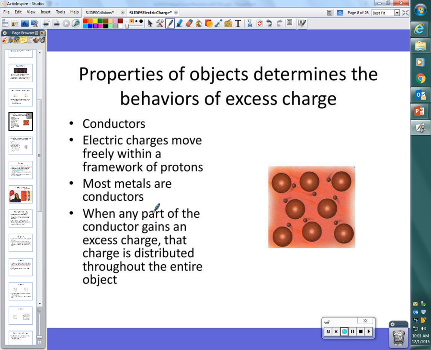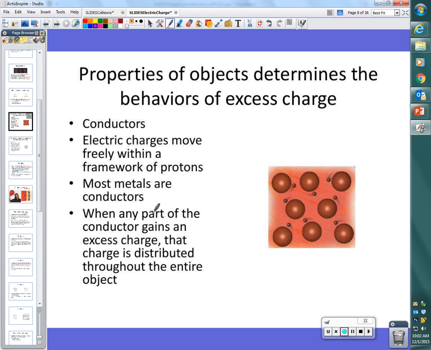I think most of you are aware that metals make good conductors, and conductors allow electricity or heat to flow through them pretty easily. When we talk about why metals make good conductors, we have to go back to our discussion about valence electrons.